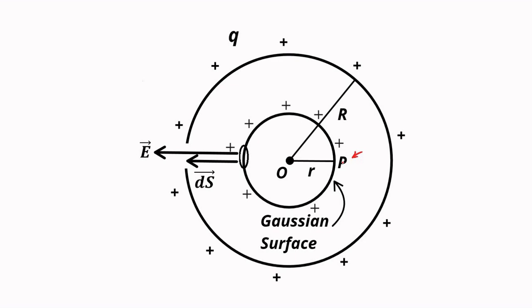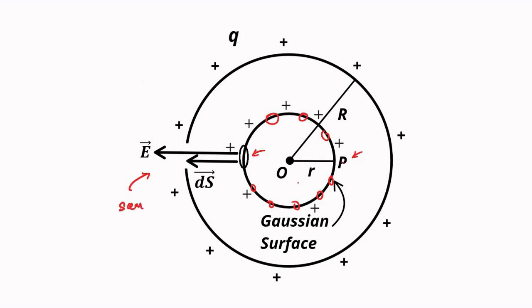If we take small r as the radius and draw a sphere, then at any point on this spherical Gaussian surface, the electric field vector and the area element vector will be in the same direction.